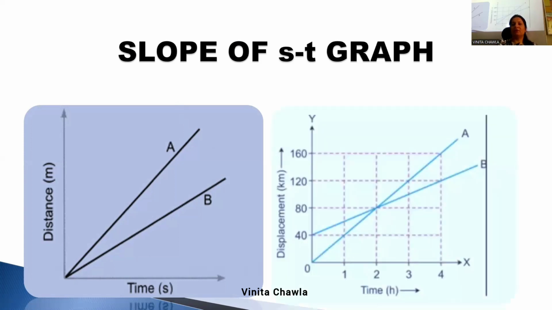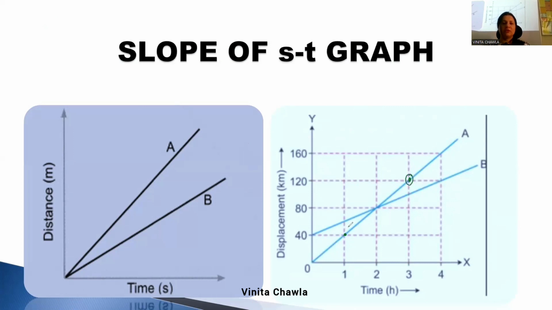Now look at this graph. Can you find velocity using the displacement time graph for curve A and curve B? For both the curves we are finding the slope. Let's find it for object A first. We'll choose 2 points as per our convenience.